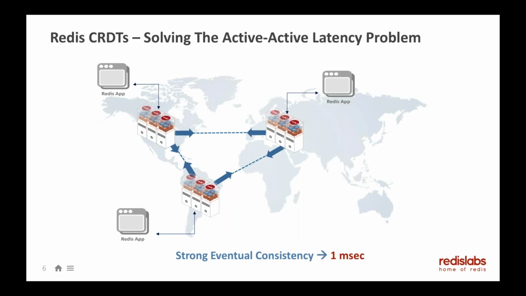Right? So with that said, Redis Enterprise supports CRDT-based conflict resolution. So it is a CRDT-based database. And with this, you get strong eventual consistency, and your latency is reduced to less than a millisecond. So if you develop apps, you deploy your apps closer to the Redis Enterprise replica, and all the latency you have is the network latency between your app and the database.